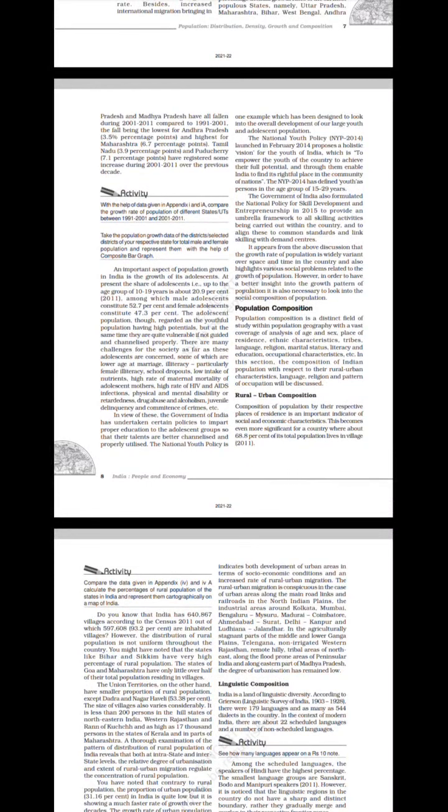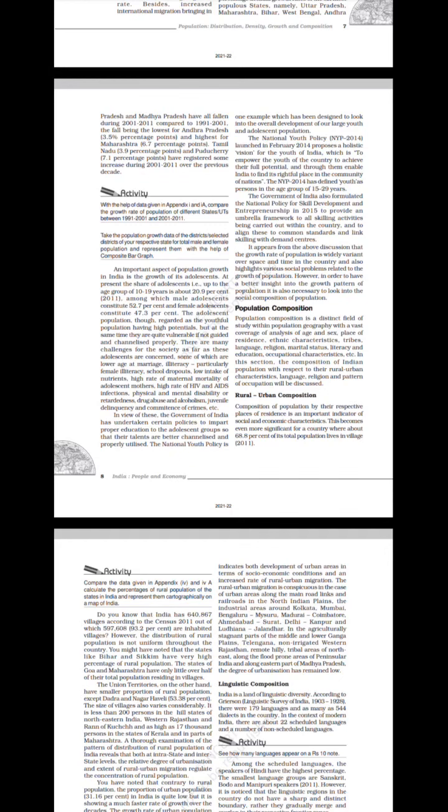The fall being the lowest for Andhra Pradesh, 3.5 percentage points, and highest for Maharashtra, 6.7 percentage points. Tamil Nadu, 3.9 percentage points, and Puducherry, 7.1 percentage points, have registered some increase during 2001 to 2011 over the previous decade.